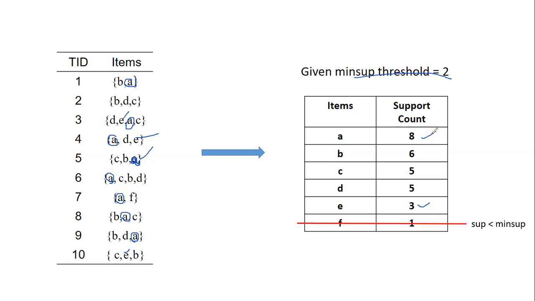It is more than 2 here, more than 2, more than 2, more than 2, more than 2, but it is less than 2. Less than 2 means it is found as an infrequent item. So we will be pruning it or eliminating it from the rest of the items.